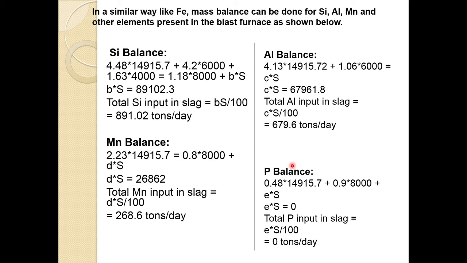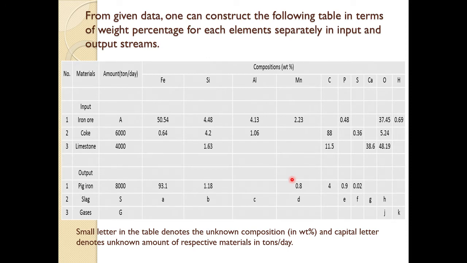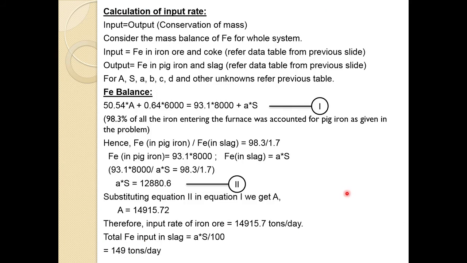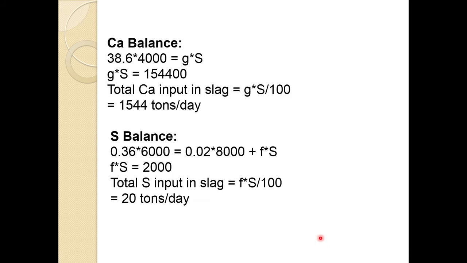All the phosphorus, as you will see in this one, is going to the pig iron. So, really you do not get phosphorus in slag. Calcium you can get that, and sulfur also you can get in a similar way.